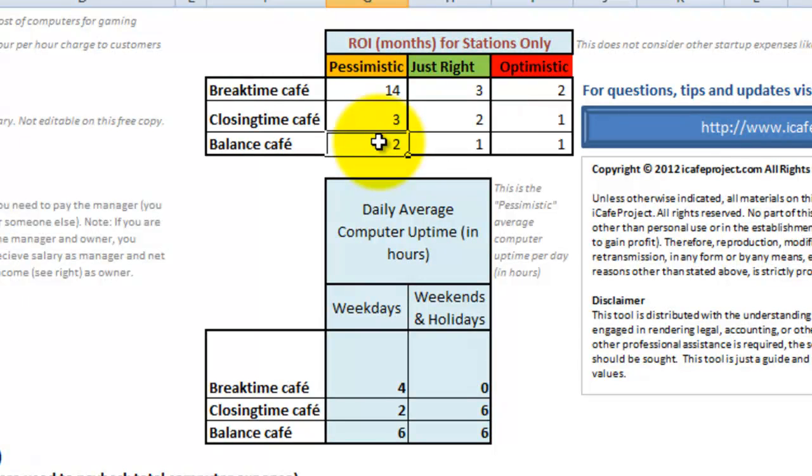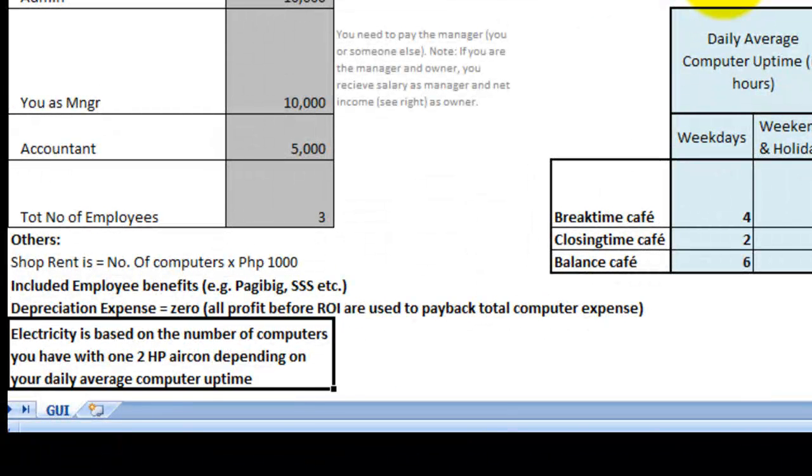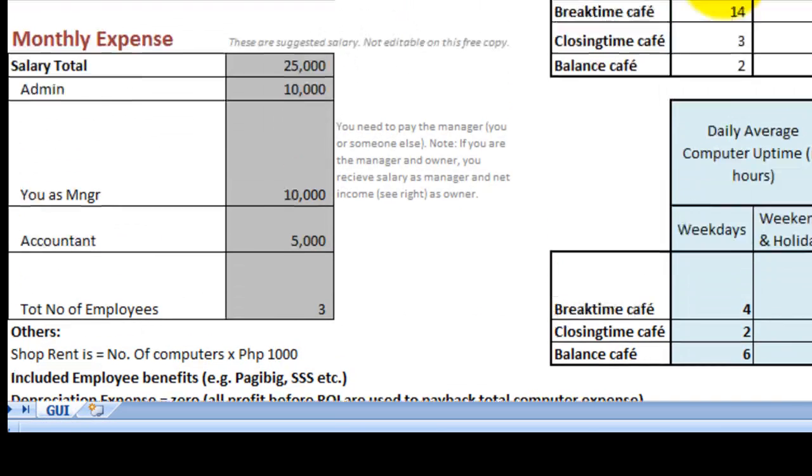You need to practice self-discipline in not taking the income in those months before ROI is realized. Okay. Then electricity is based on the number of computers as well, taking into consideration how much the kilowatt per hour is here in the Philippines, and your daily average computer uptime. Okay.